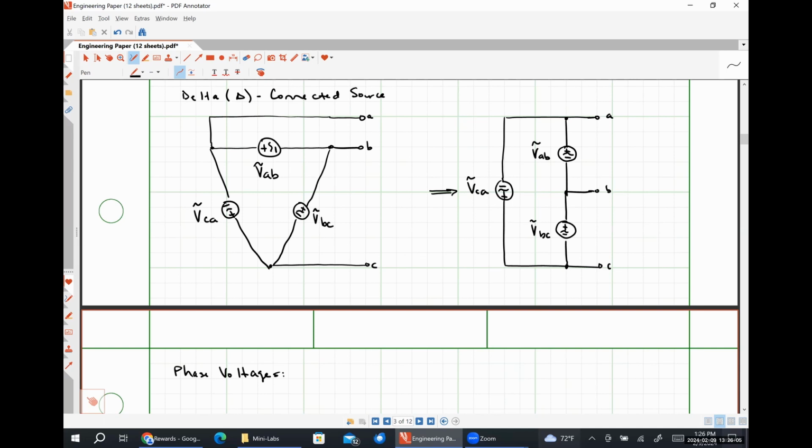Each of those voltage sources represents one phase of our source. So they should just be the voltage source voltages, right? So VAB, VBC, and VCA are our phase voltages.